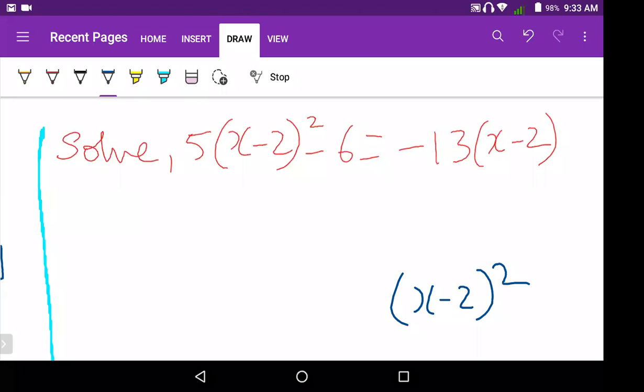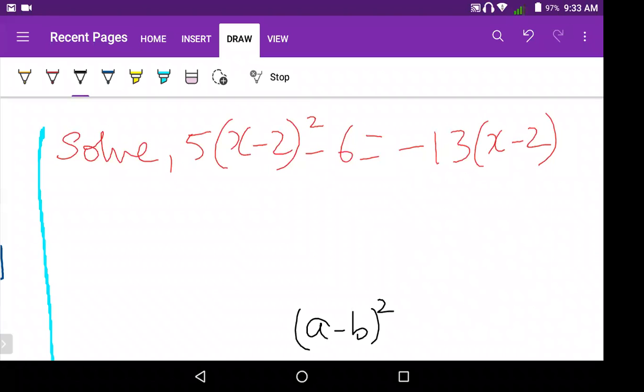Now this is in the format of a minus b whole square. So what is the formula for a minus b whole square? a square plus b square minus 2ab. Correct? So this is the formula that we'll have.